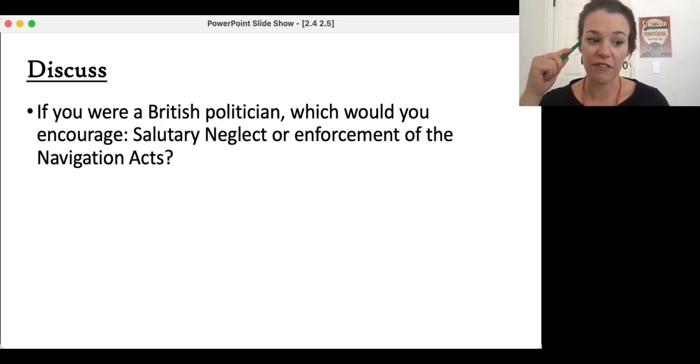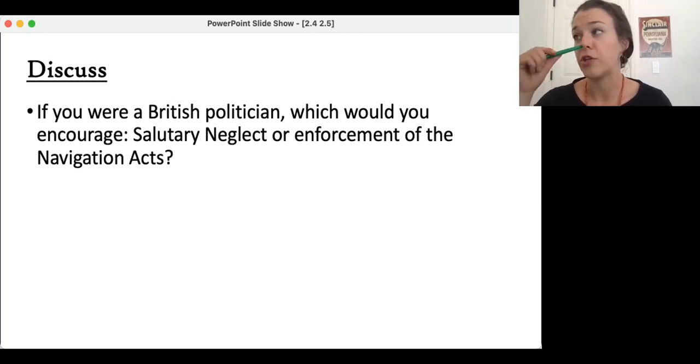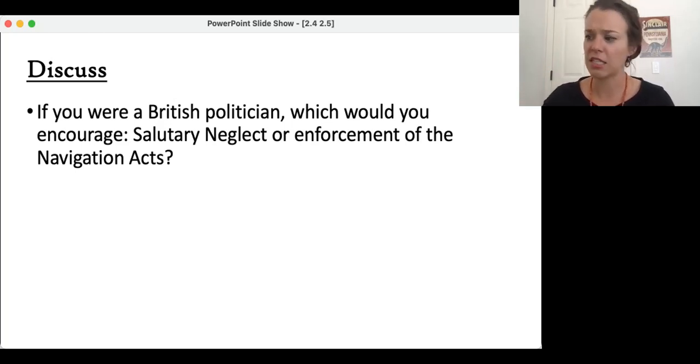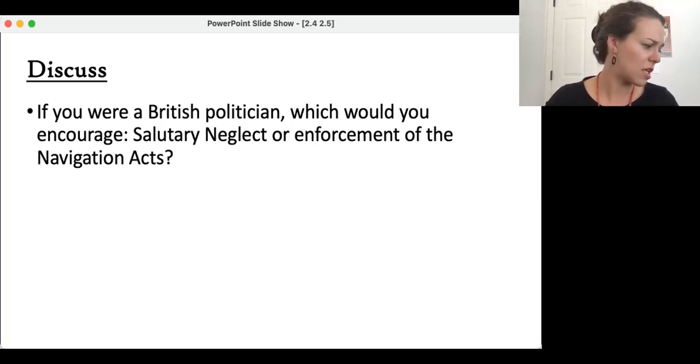On the other hand, if everyone can make more money, how do you enforce these acts across the ocean? It's kind of a dilemma either way. So what would you do? Try to think about the pressures and also just the economic and political ramifications of each choice.